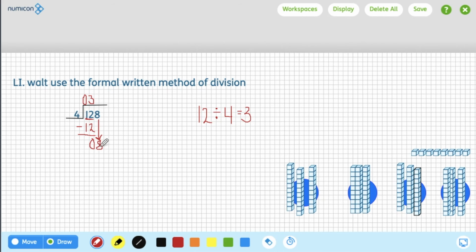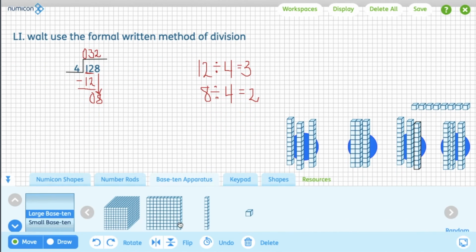So how many 4s go into 8, or 8 divided by, oh, not 2, my goodness me, 8 divided by 4, because we're dividing by 4. 8 divided by 4, I've given you the answer, and the answer is 2. So my 2 would go here. And then we've got to work out how many I got rid of.